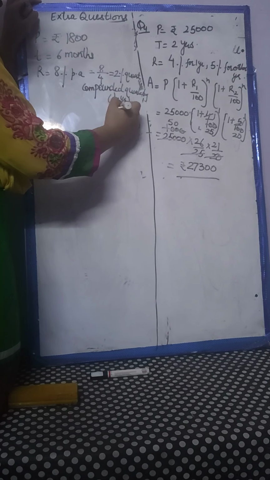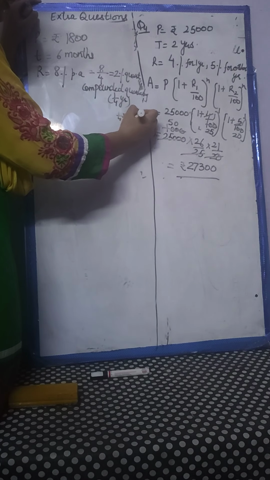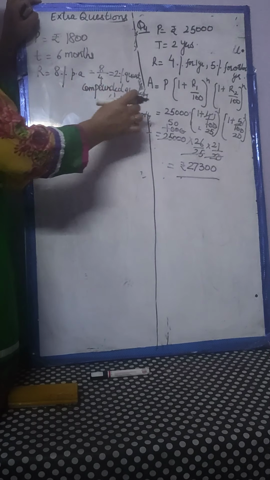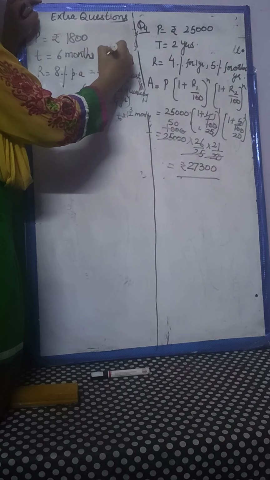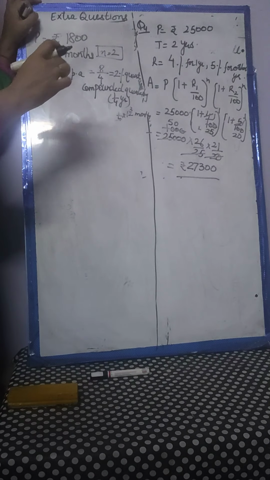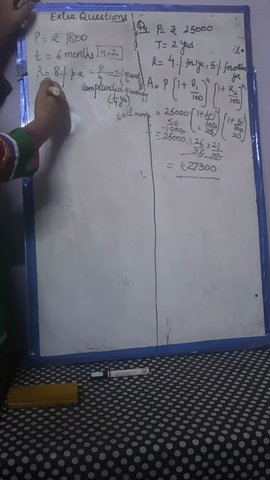What is the meaning of quarter of year? Quarter of year is 1 by 4 into 12 months, so this will be equal to 3 months. So 3 months rate is 2% and time is 6 months. It means how many quarters are there? 3 months is 1 quarter, so 6 months will be 2 quarters. So n will be equal to 2.